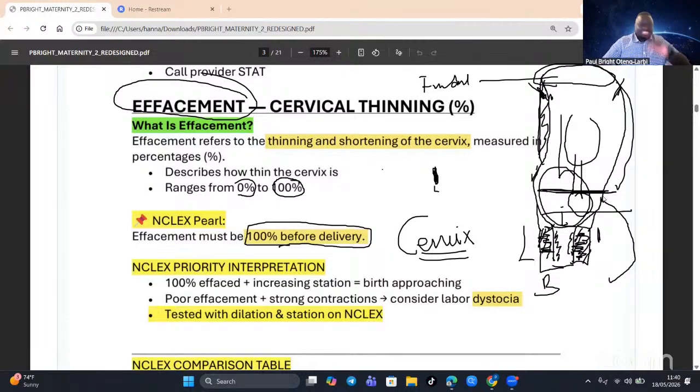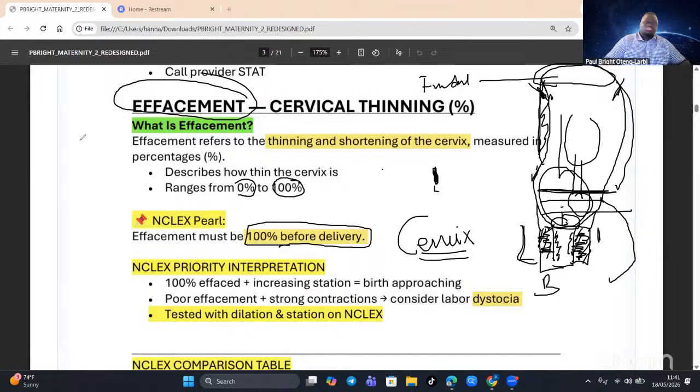Engagement at the zero point. Now the head has to reach the cervix, and it must come out. That's the last journey. When it gets to the cervix, it must change in length and breadth, and when that change gives us full readiness, we call it 100% effacement.